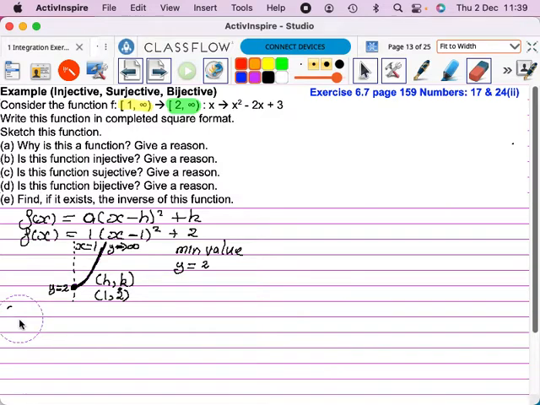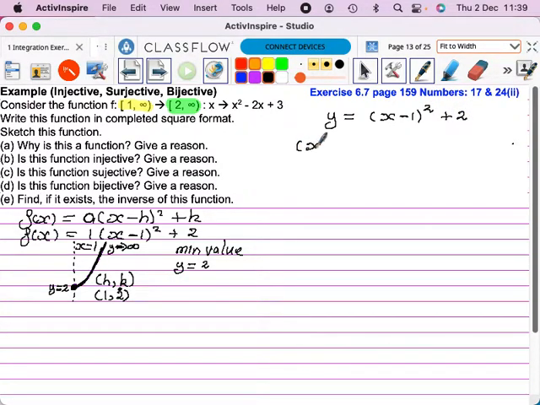So you now want to actually find out what that inverse is. To work out the inverse, you write the function in terms of y. So y is equal to (x minus 1) squared plus 2.